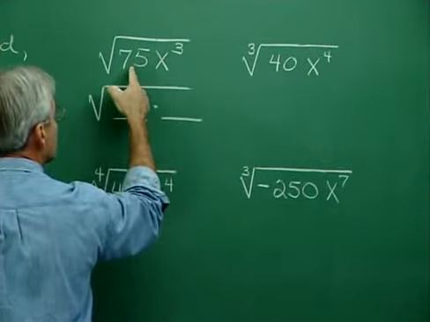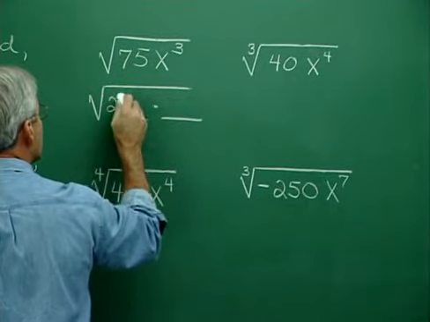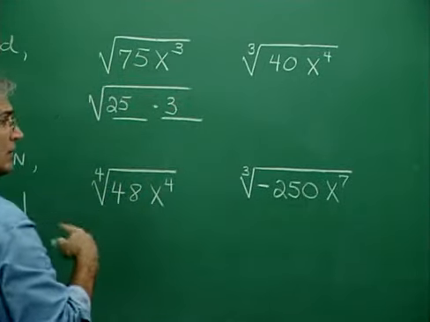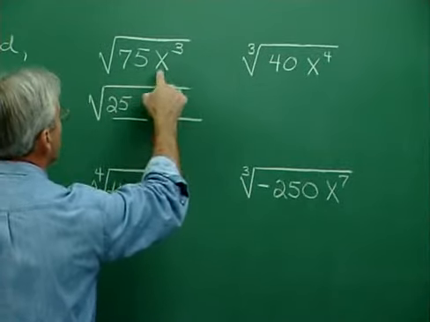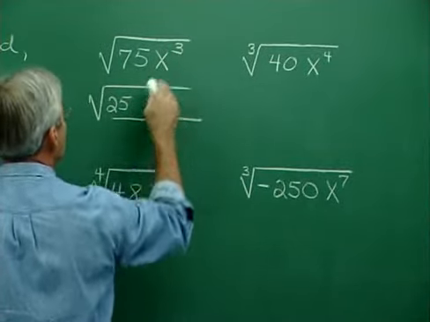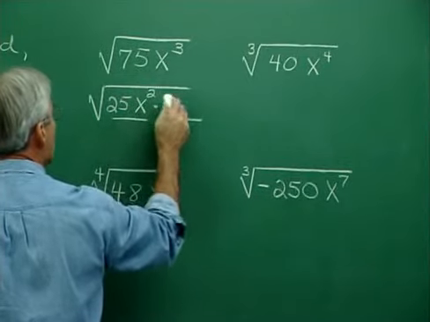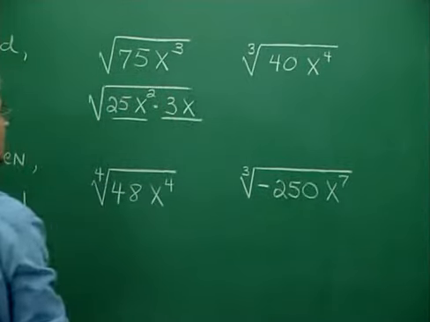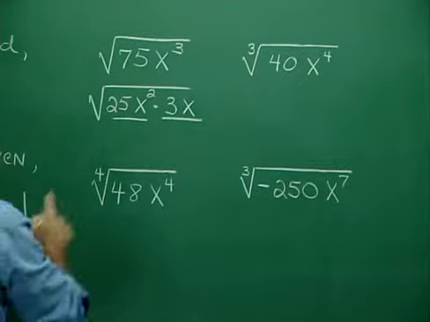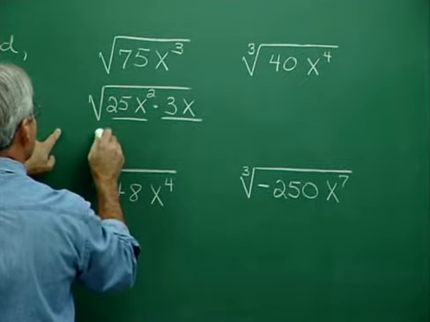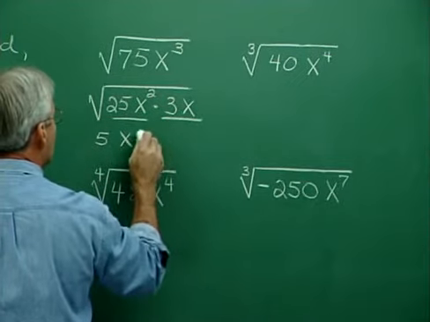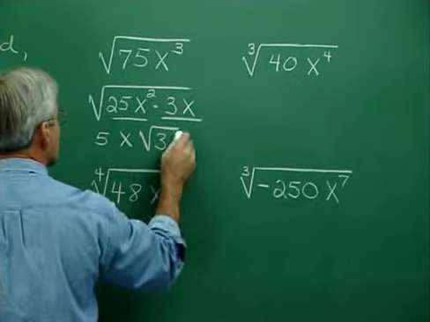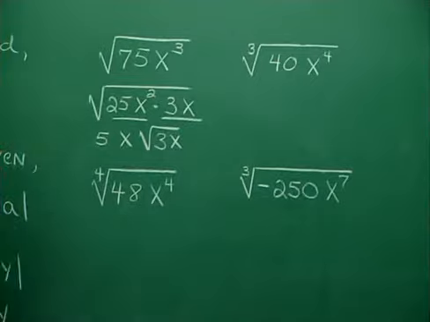So we factor 75 into 25 times 3. And then we look for the largest square in the literal part, the letter part. In x cubed, x squared is the largest square, and we have x as a leftover factor. Now we can take the square root of 25, it's 5. The square root of x squared is x, and left under the radical would be the 3x. So this then would be our answer.